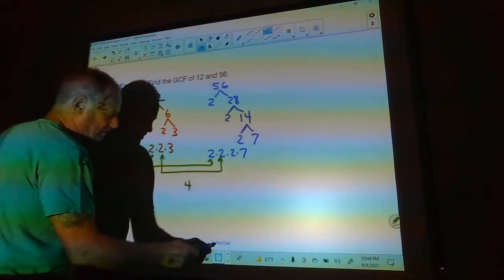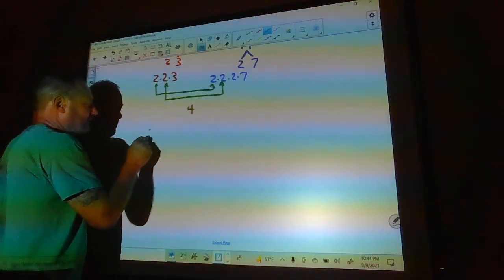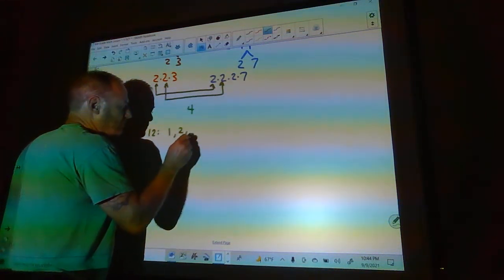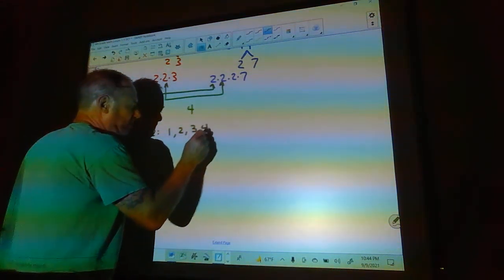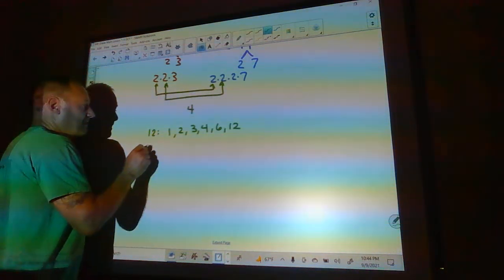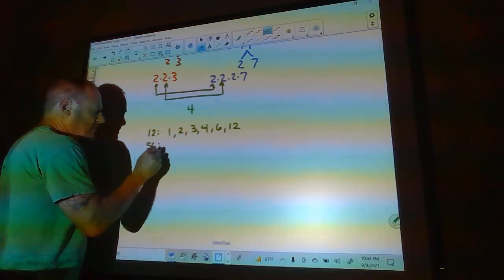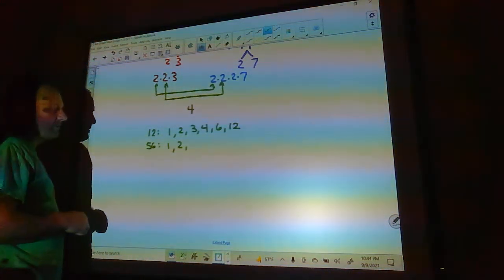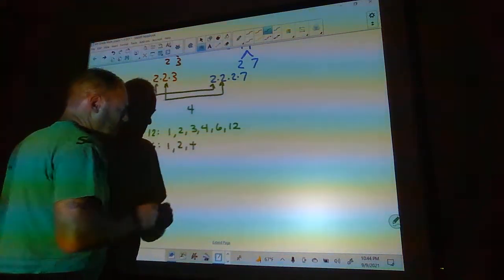So let's do it the other way and check and see. Right? So if I have 12, my factors are going to be 1, 2, 3, 4, 6, and 12. And my factors of 56 are going to be 1, 2, see 3 won't go in there, but 4 will.